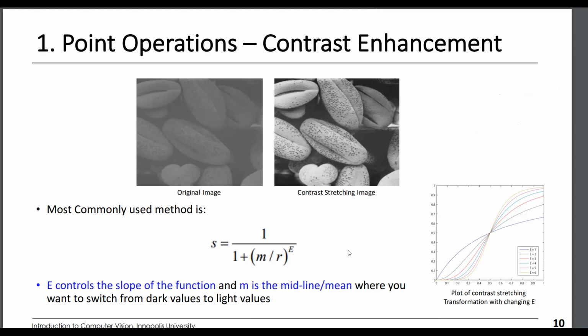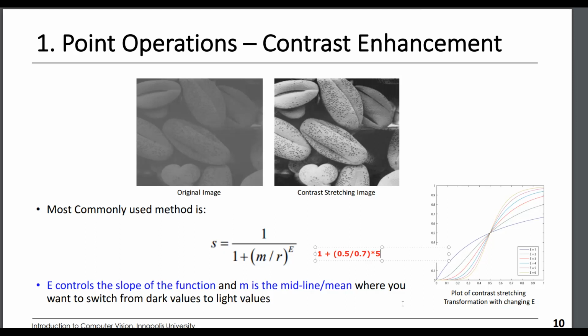To see how this works, let's replace these values with something we can work with. Let's say it is 1 plus 0.5, the threshold, divided by R. Let's say R is something that is already too white, so 0.7, to the power of 5.